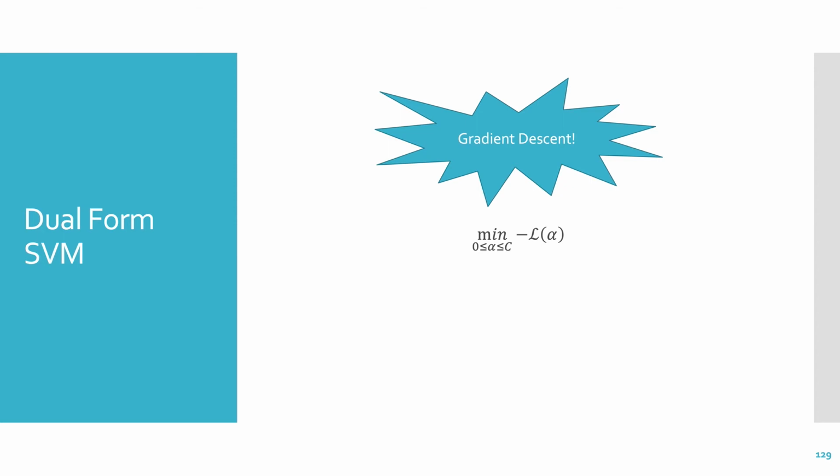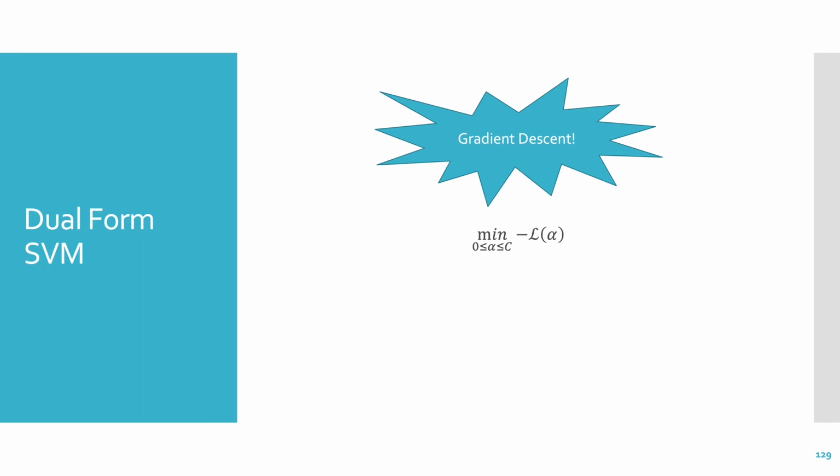The idea is that we can take our optimization problem for our soft margin SVM and convert it to a dual form using a tool called Lagrange multipliers. This allows us to make a constrained optimization problem easier to solve. We remove the constraints and put them into the optimization, known as the Lagrangian. Then we're trying to minimize the Lagrangian.